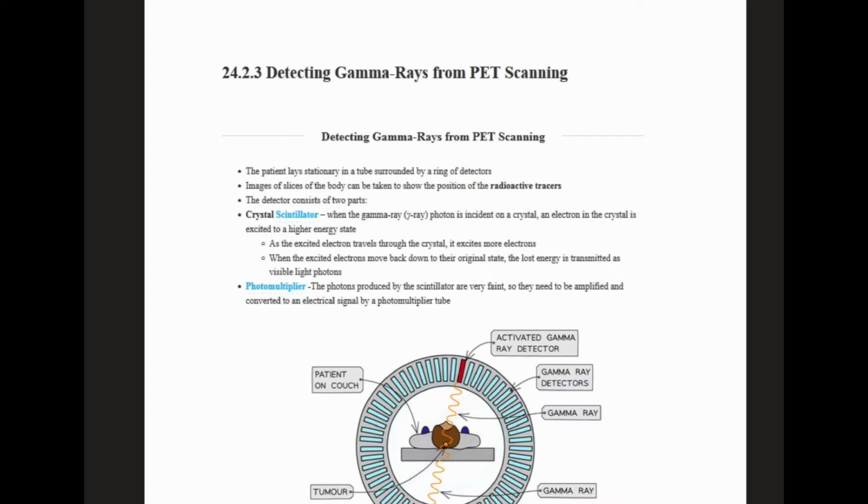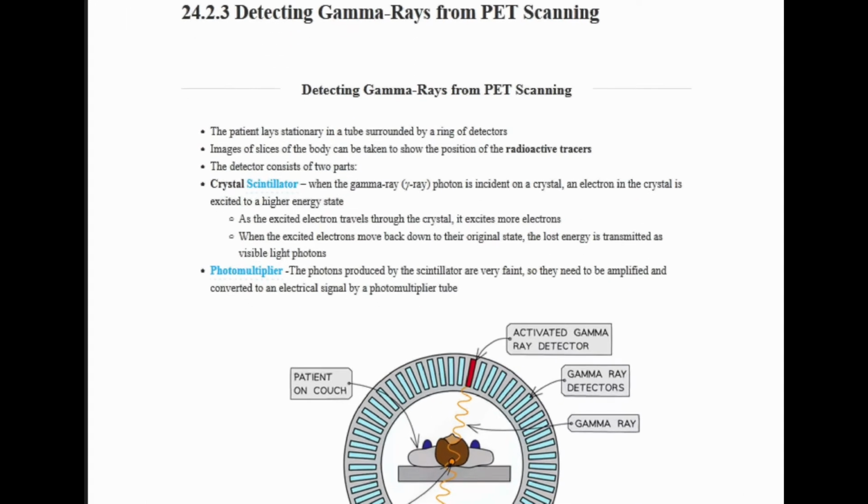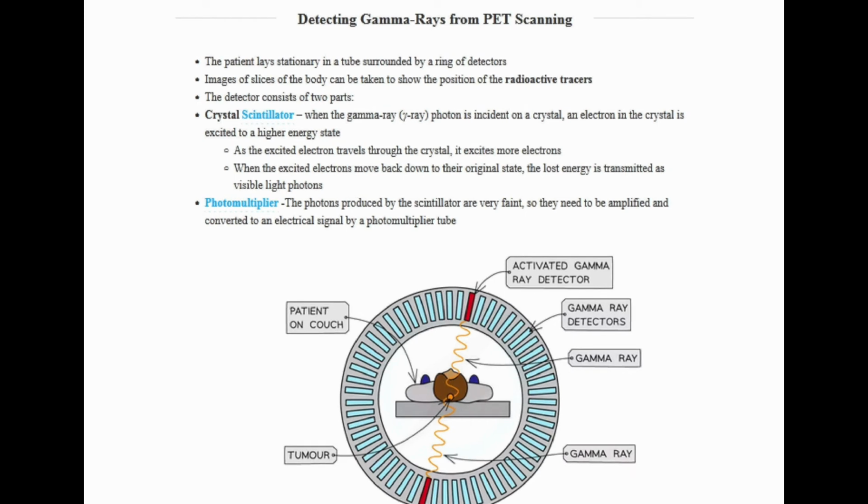So this is the patient, this is the ring of detectors. Now let's move on. The next point, images of slices of the body can be taken to show the position of the radioactive tracers.